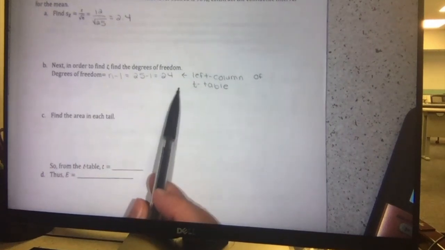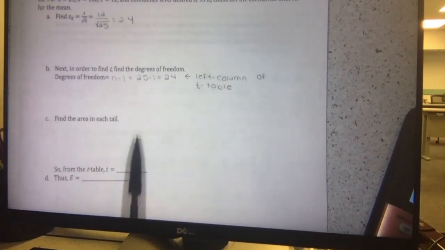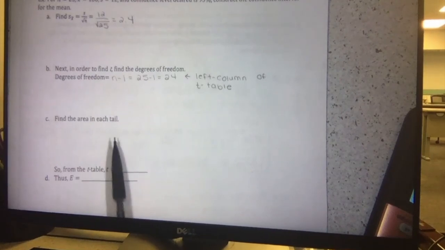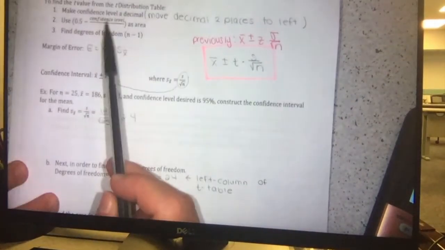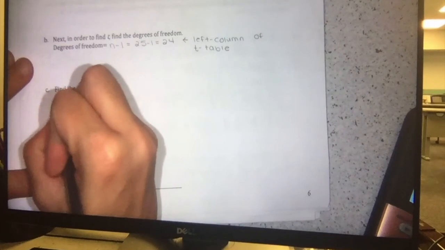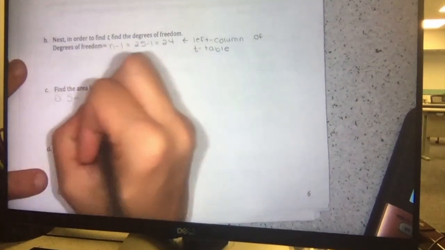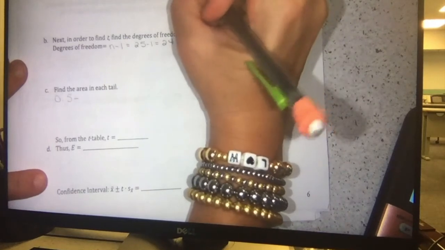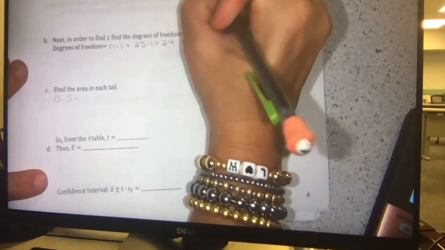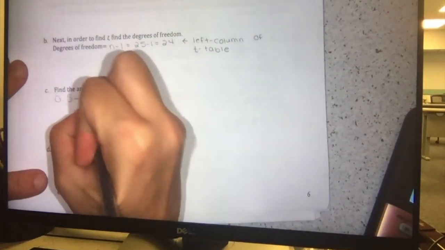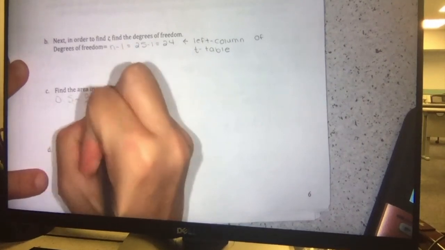So 24 is the degrees of freedom. Find the area in each tail, which was that formula right here. So 0.5 minus our confidence level, which is 95%, which in decimal form is 0.95, moving that decimal 2 places to the left, divided by 2.